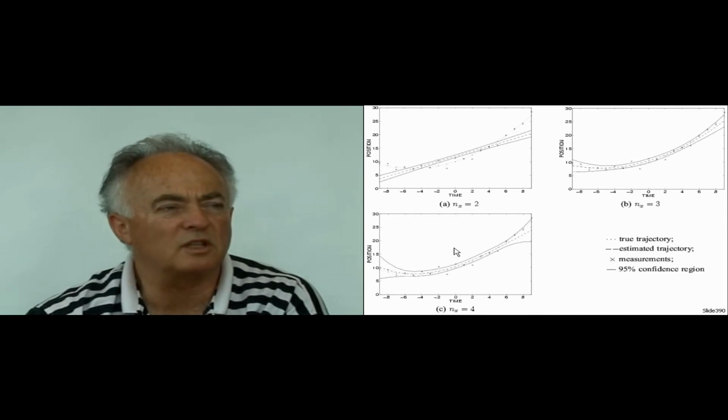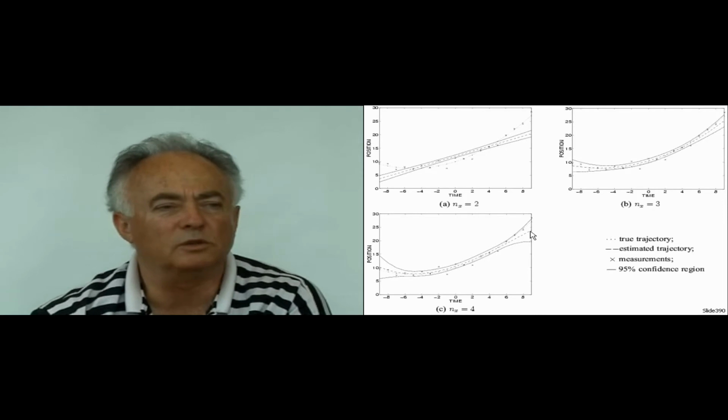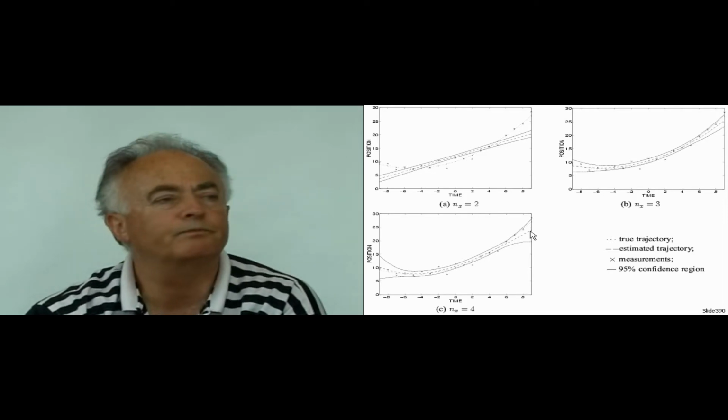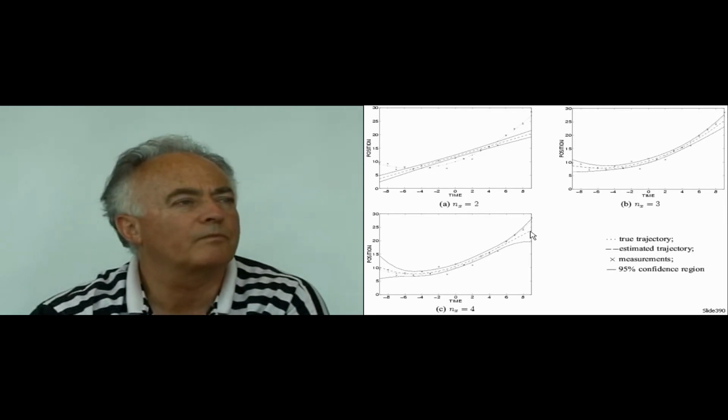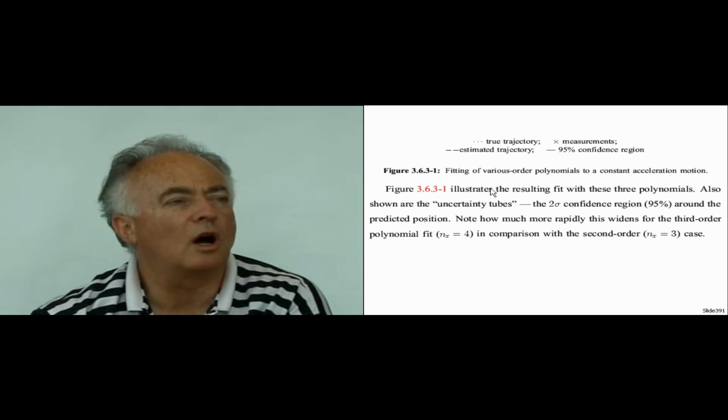And you can't see it in the middle because it's not yet visible, but as you try to extrapolate outside the data, at the edge of the data set, you already can see the difference. Okay, so these are called uncertainty tubes, 2 sigma confidence regions around the position, the predicted position.